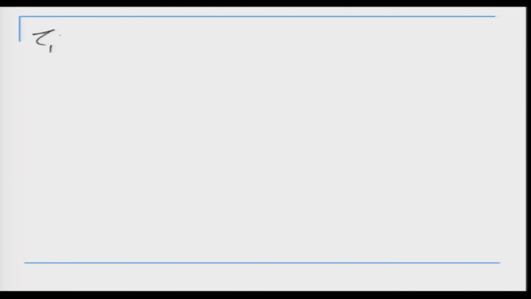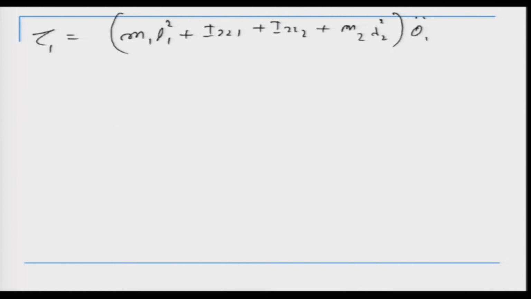So, torque 1 is equal to m 1 L 1 squared plus I z z 1 plus I z z 2 plus m 2 d 2 squared, times theta 1 double dot, plus twice m 2 d 2 theta 1 dot d 2 dot, plus this term m 1 L 1 plus m 2 d 2 into g into cos theta 1.